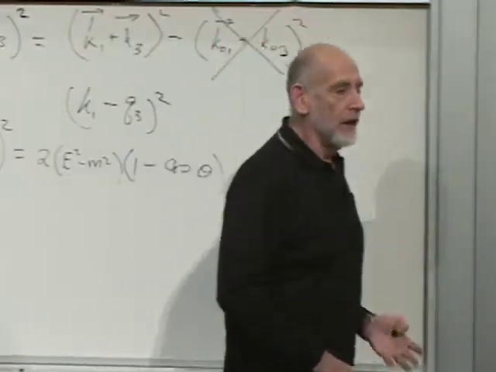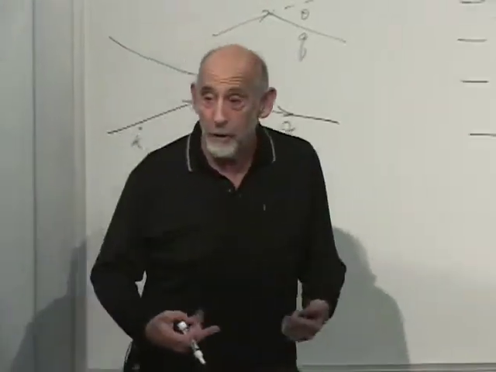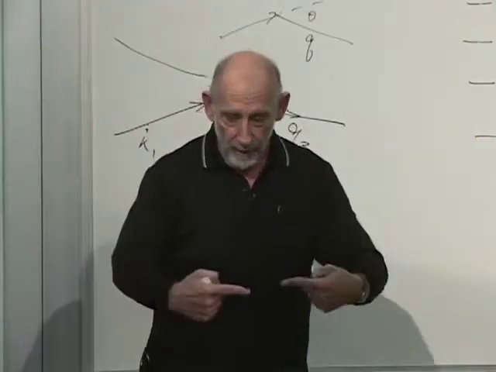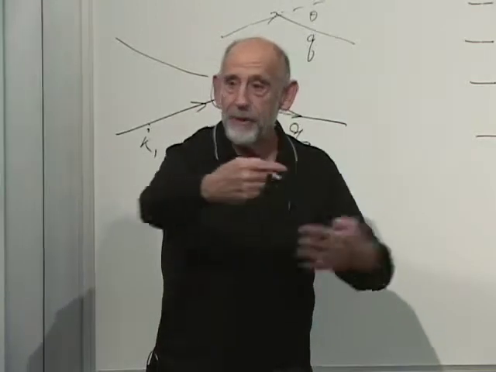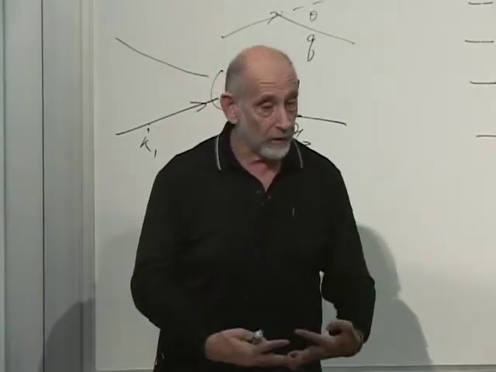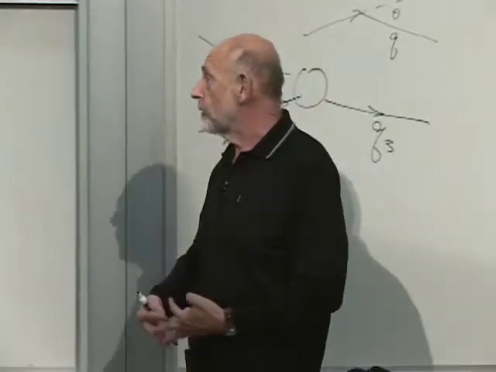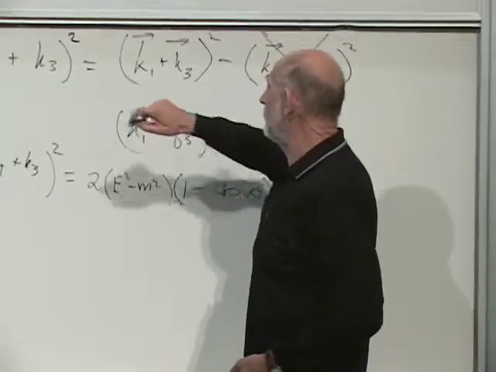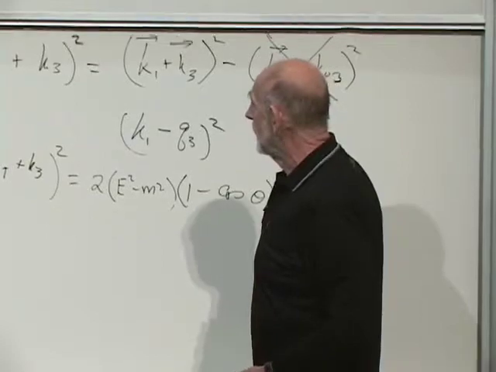Why is that interesting? Well, of course, that's what's measured in an experiment. You put detectors in different places. You scatter particles, and you find out the probability for them to get deflected through an angle at different values of the energy.